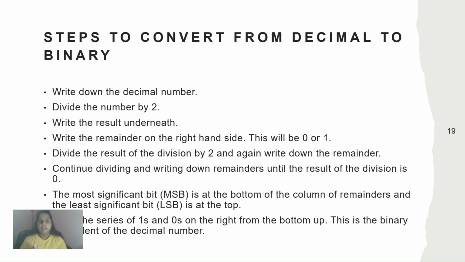Continue dividing and writing down remainders until the result of the division is 0. Please go up to 0. The most significant bit is at the bottom of the column of remainders and the least significant bit is at the top. Read the series of ones and zeros on the right from the bottom up. This is the binary equivalent of the decimal number.